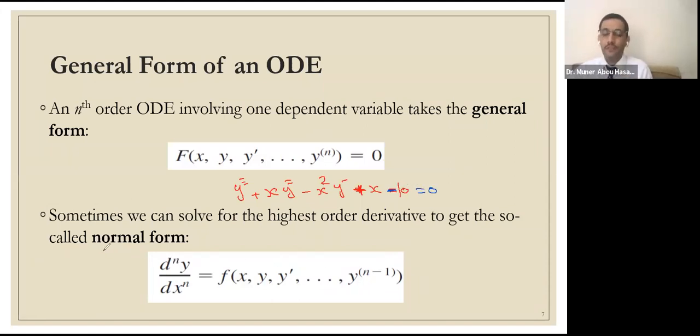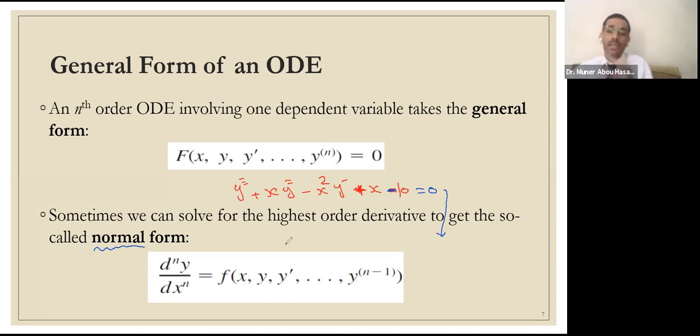Now I have a second form, which I call normal form. What I mean by normal form, you have to write the highest derivative in the left-hand side and all the rest terms in the right-hand side. I will repeat, the highest derivative alone in the left-hand side and all the rest terms in the right-hand side. Can I write this equation in the normal form?